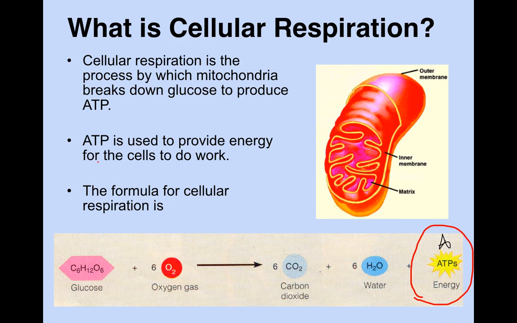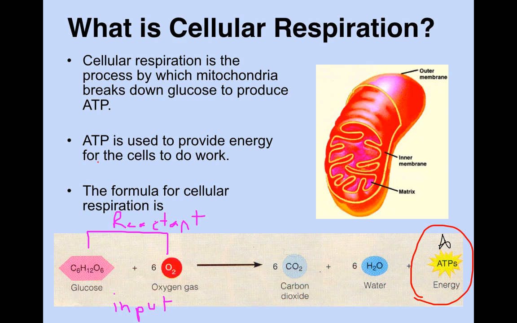So instead of producing glucose, glucose is a reactant and oxygen is a reactant. And those are the inputs.